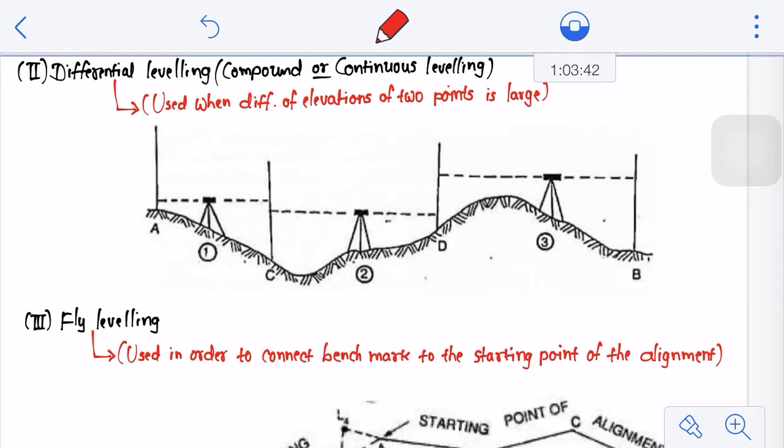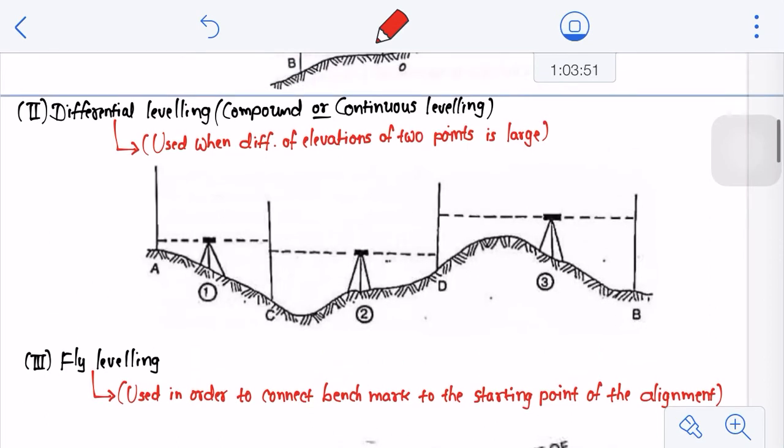In this method, the level is set up at several suitable positions, and staff readings are taken till the last point can be sighted. As you can see on the screen, positions 1, 2 and 3 are the different points where you set up your instrument again and again to complete your leveling work and reach the last point, B. The distance between A and B is quite large.